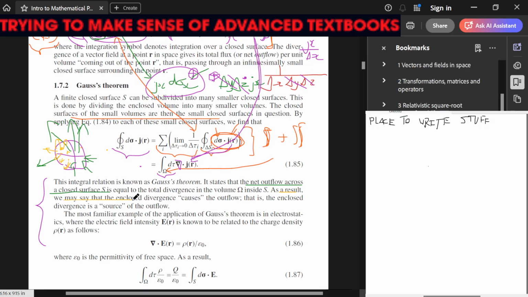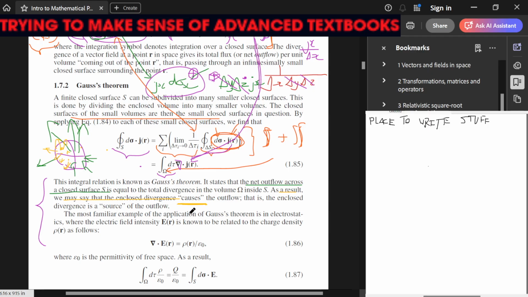As a result, we may say that the enclosed divergence, we can say it, but he has it in quotation, so maybe it doesn't really cause it. So it's just loosely. That is, the enclosed divergence is a source of the outflow, in quotations again.